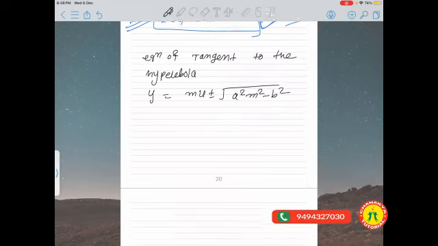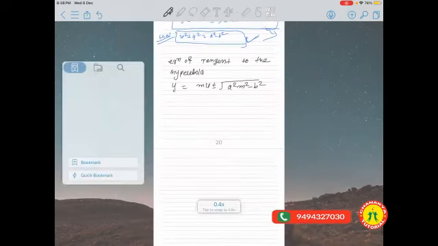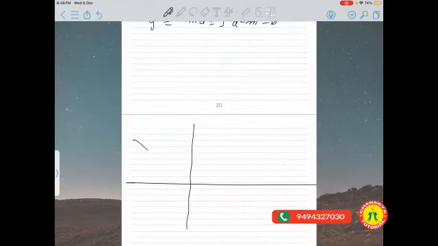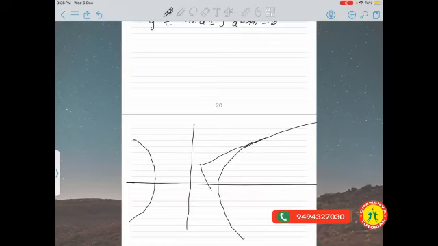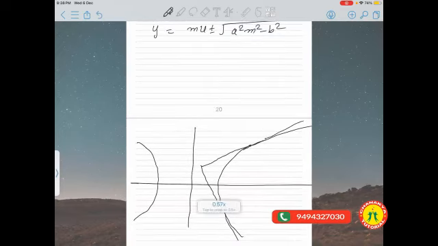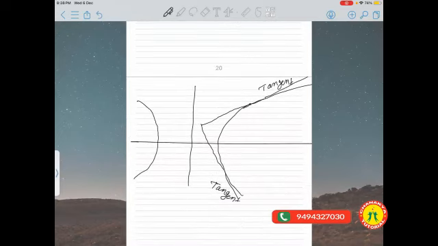Got it? See the diagram. So, it is the hyperbola. This line is tangent, and this is also tangent, right? So now let this is the point P with coordinates h comma k.